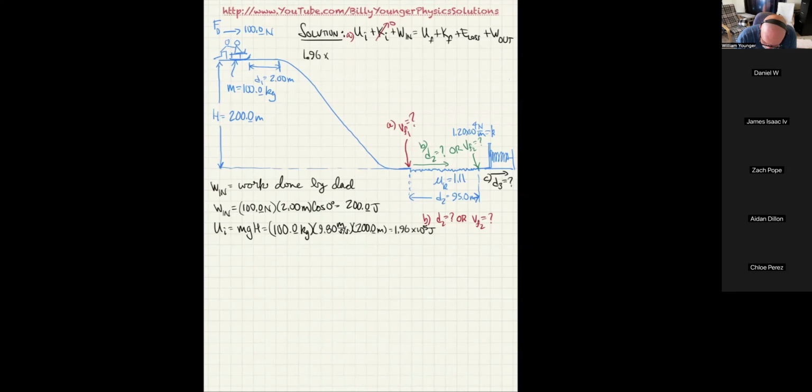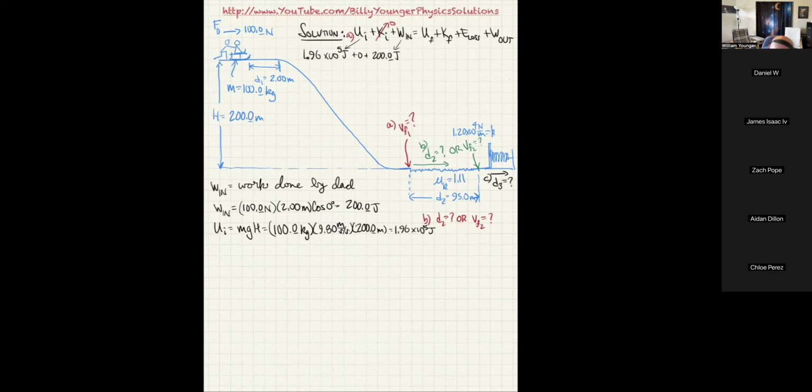1.96 times 10 to the fifth joules is U initial. And then the kinetic energy is 0, but the work put in by the father is 200.0 joules. So that corresponds to work in, that corresponds to U initial.